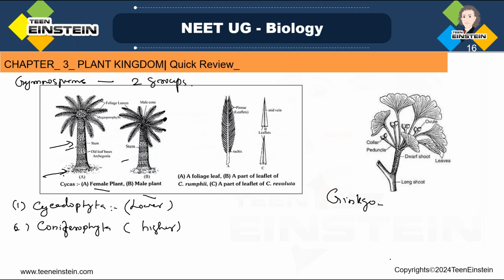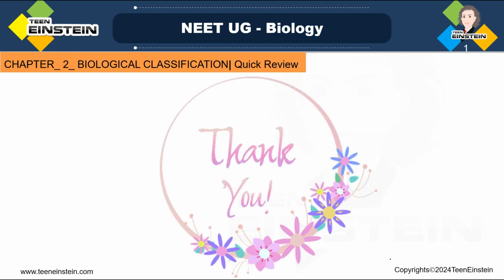We have learned about algae, then bryophytes, pteridophytes, and gymnosperms. The most advanced type of plants, angiosperms, we want to learn next. Hope you can make out the differences or the evolution of these plant types. First algae, then bryophytes, then pteridophytes, and now gymnosperms.